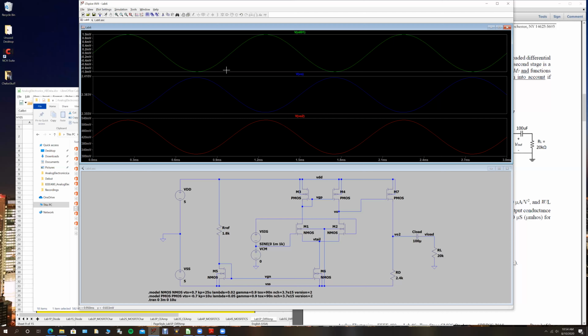Again, 2 millivolts peak to peak input, and we can add some cursor positions so we can figure out what the peak to peak is.